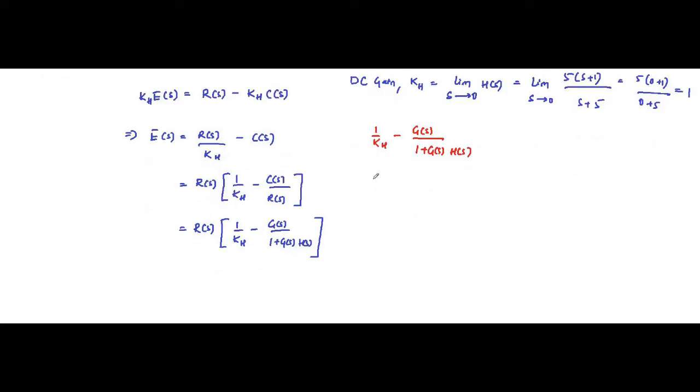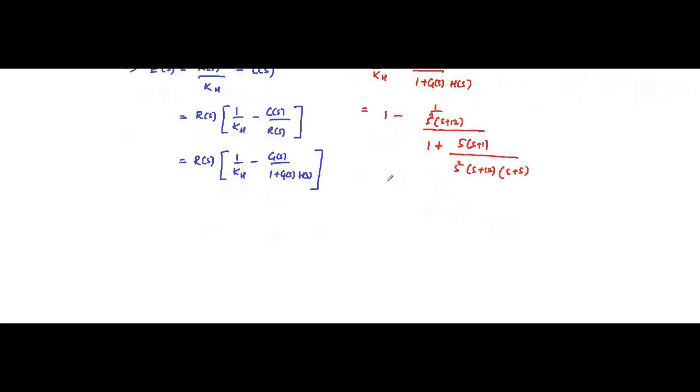That will be equal to 1 by 1, which is 1, since Kh is equal to 1, minus G(s), which is 1 by s square into (s plus 12), by 1 plus G(s)H(s). So that will be 5 into (s plus 1) by s square into (s plus 12) into (s plus 5).